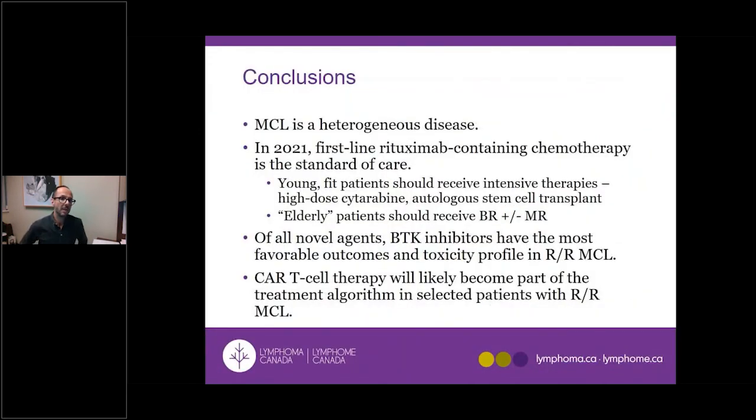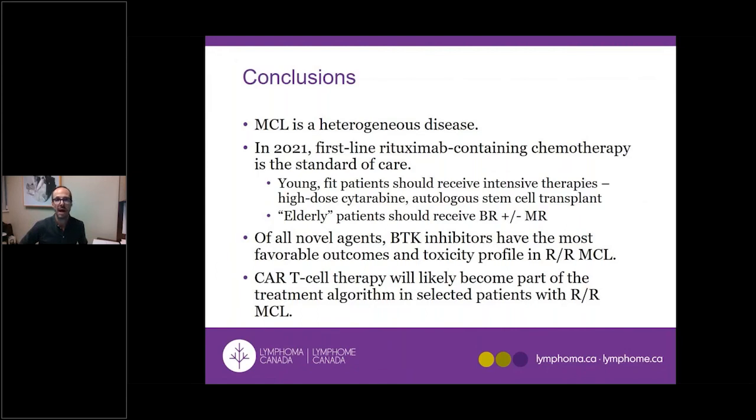So to conclude, hopefully you can appreciate that mantle cell lymphoma is a heterogeneous disease. In 2021, we still use chemotherapy and rituximab as the frontline standard of care. Of all novel agents, BTK inhibitors have the most favorable outcomes and toxicity profile, and these are really standard of care around the world.